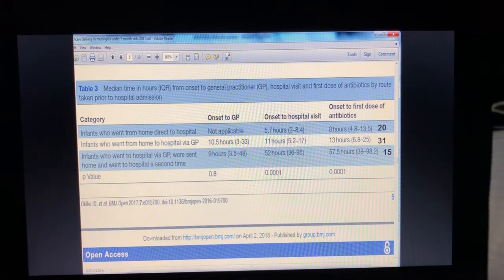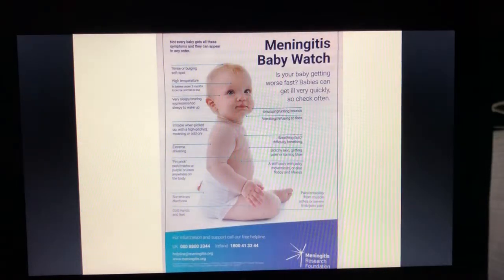So, what therefore do we need to know about how to recognise? Well, the Meningitis Research Foundation has produced this poster, Meningitis Baby Watch, and it lists in a parent and healthcare professional friendly way all of the symptoms and signs to look for to be aware of in babies presenting with potentially serious illness.